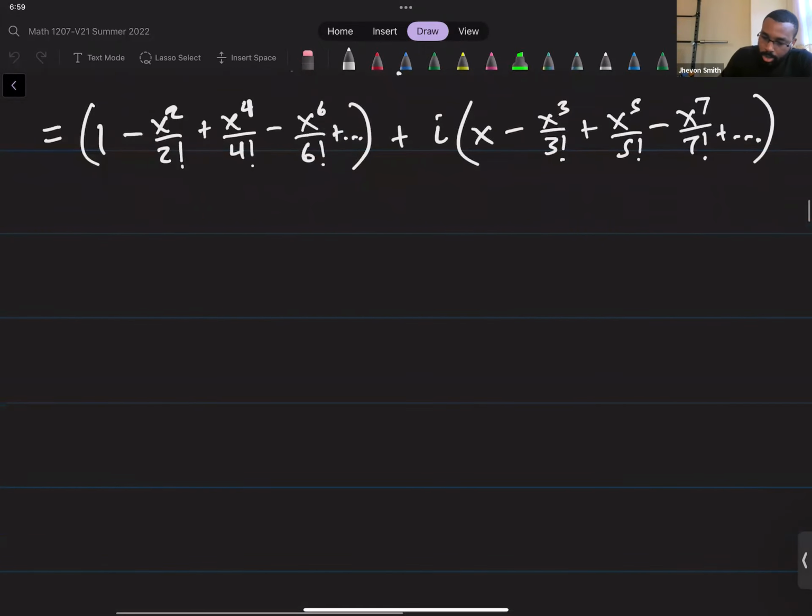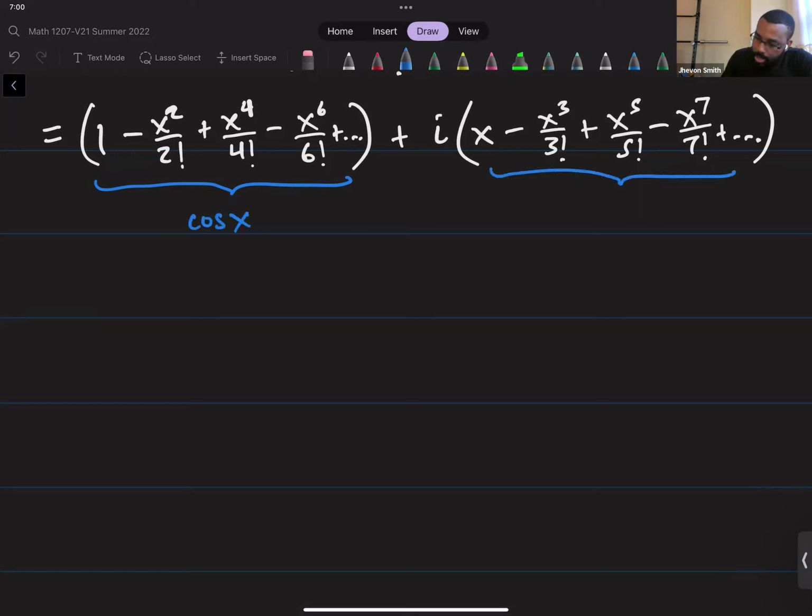Now, what do we notice about this? Does anyone see what that is? Turns out that that's cosine.